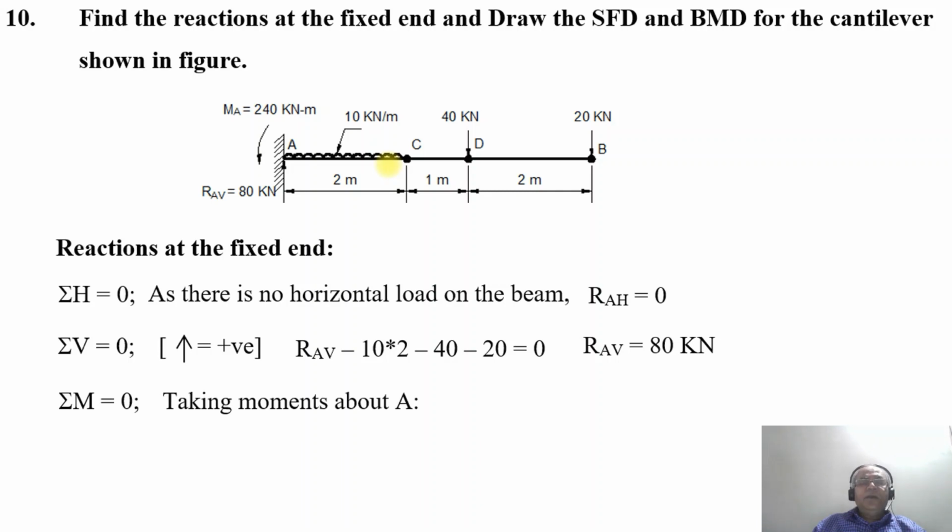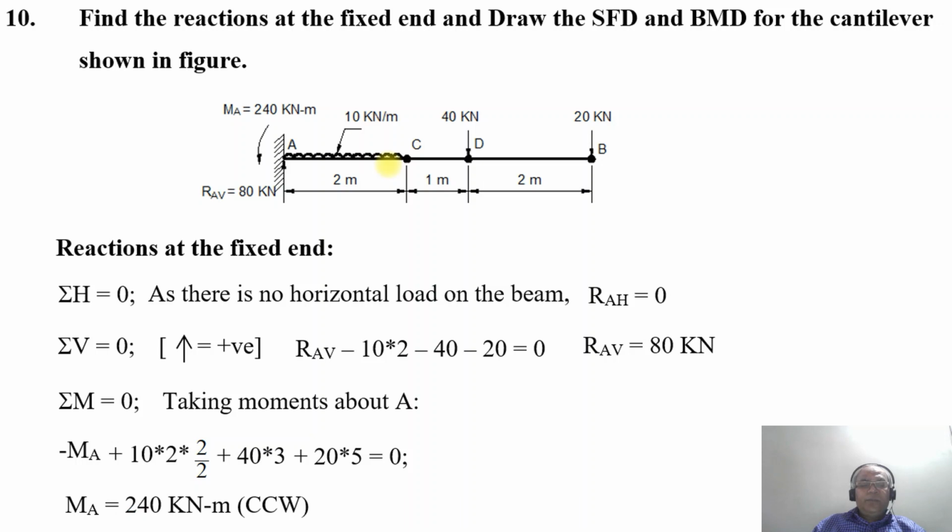So minus MA plus 10 into 2 by 2, because in the UDL it is 10 kilonewton per meter for 2 meters, so the total load on the beam will be 10 into 2. The load always acts at the midpoint for a UDL, so it is 10 into 2 into 2 by 2, then plus 40 into 3 plus 20 into 5, which will be equal to 0. On simplification, MA will be 240 kilonewton meter, in the counterclockwise direction.